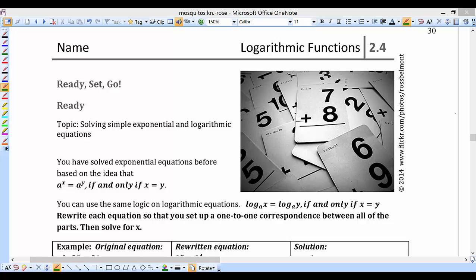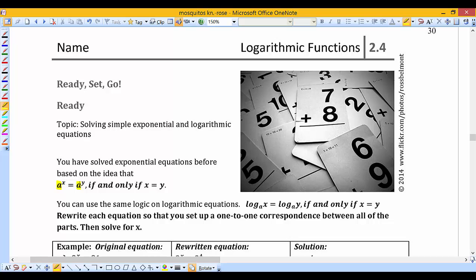All right. So one of the things you guys have to remember as we're working through logs, you can always rewrite a log in exponential form. And the properties are going to be very similar between the two things. And just like when we were dealing with exponentials, if they had the same base, you could cancel them and work with just their exponents.